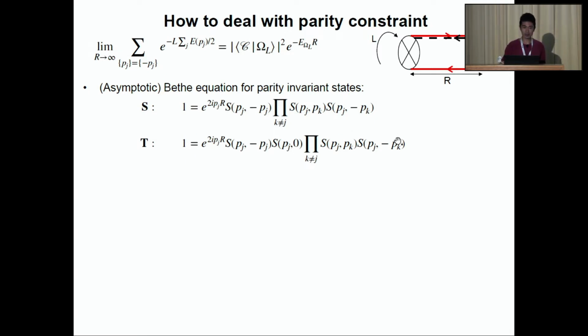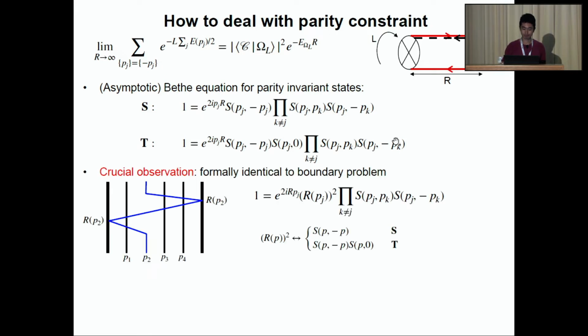And now comes the crucial observation. So the crucial observation is that these equations are formally identical to the beta ansatz equation in the presence of boundary. So in the presence of boundary, people know that the beta ansatz equation take this form, where R is the reflection amplitude, which depends on the details of the boundary condition.